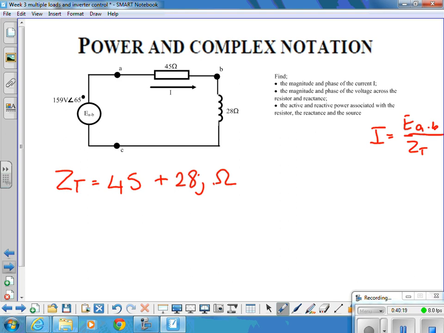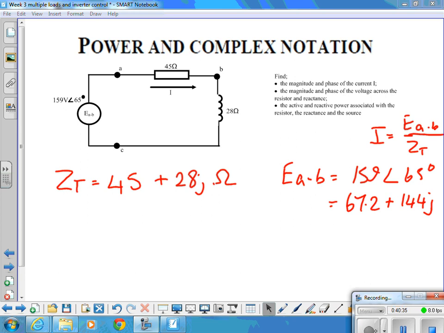So what we need then is EAB, which is equal to 159 angle 65 degrees. What is that in rectangular form? So we converted that to rectangular.